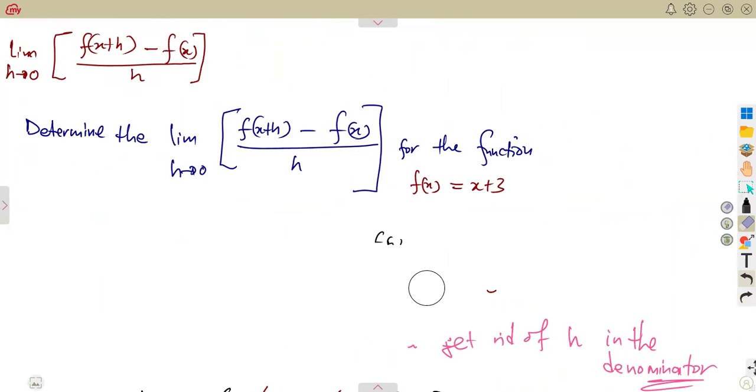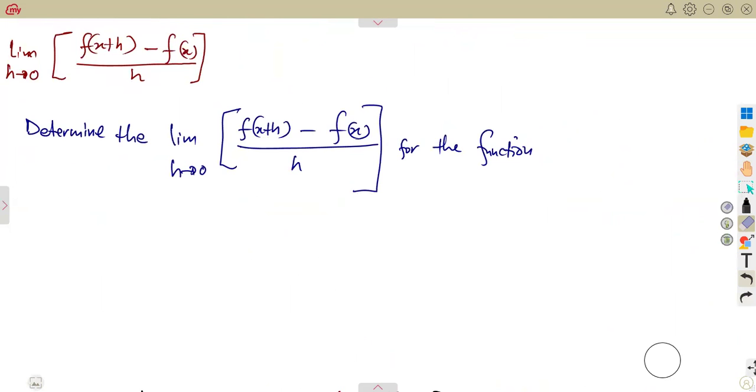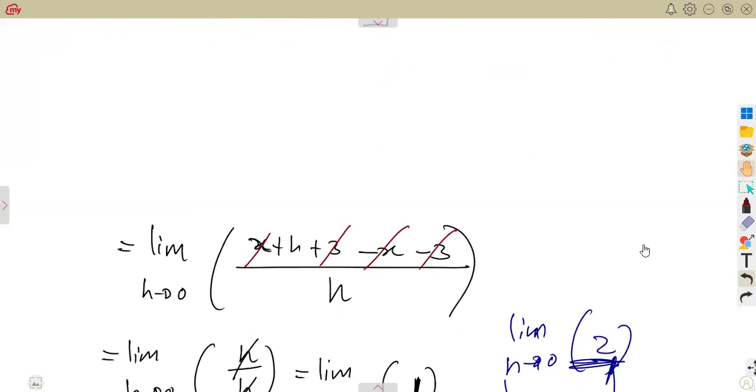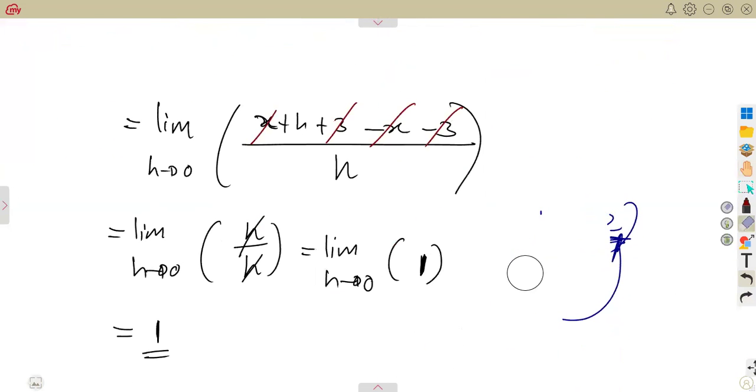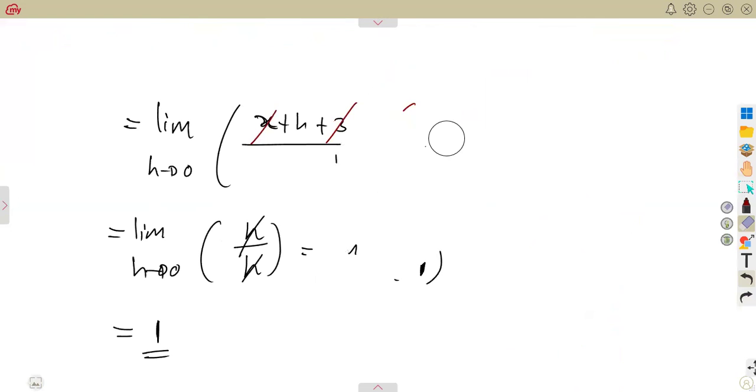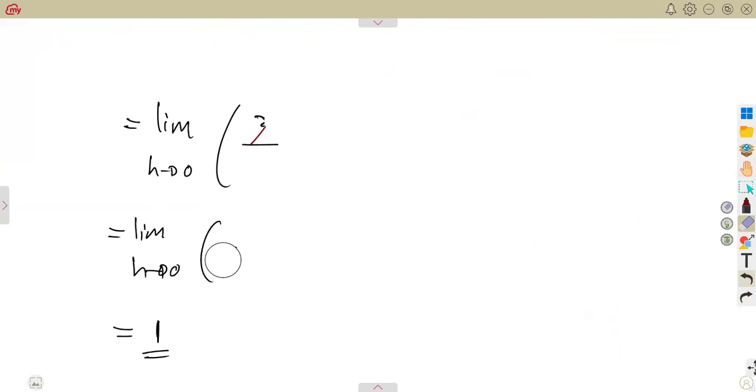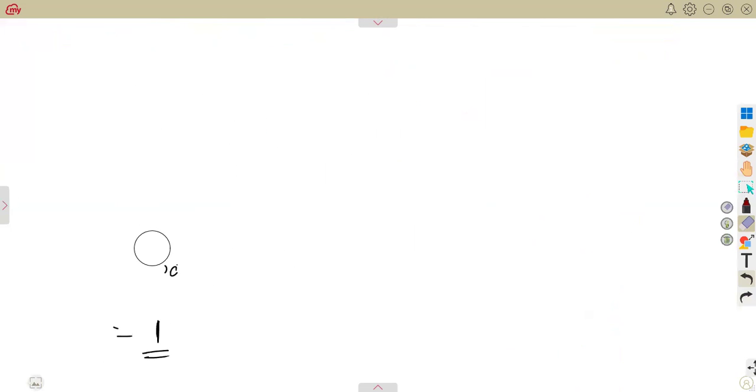All right, determine the limit of this given the function this time. Let's say we have got our f of x is equal to x squared. This is our f of x this time. So I want us to have the same concept and see what is going to happen if we apply the limit concept or the first principle concept.